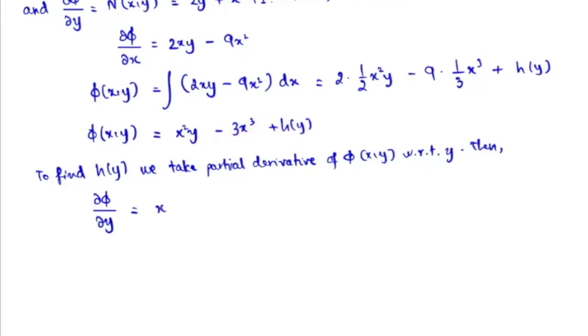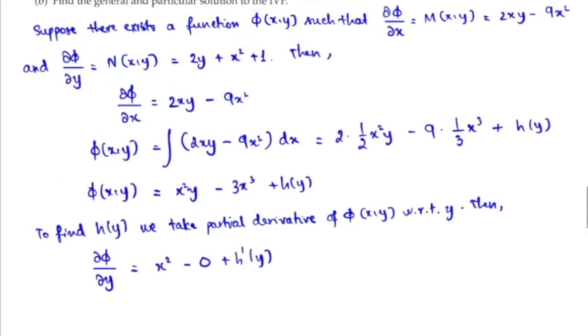You have x squared minus 0 plus h prime of y. So the partial derivative of this term with respect to y gives you x squared. The partial derivative of this term with respect to y, there's no y here, so this is 0. And the partial derivative here is of a function of y only, so we come up with the regular derivative.